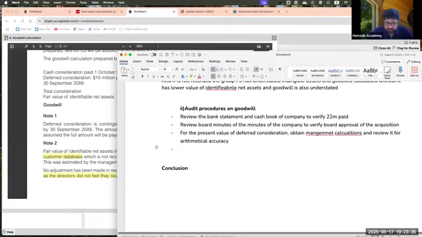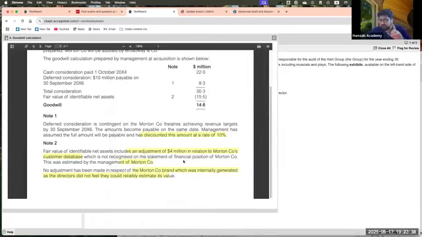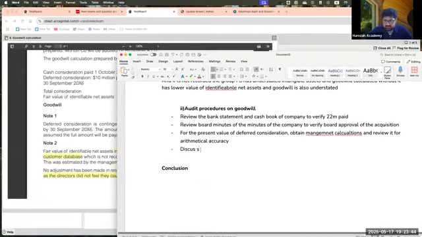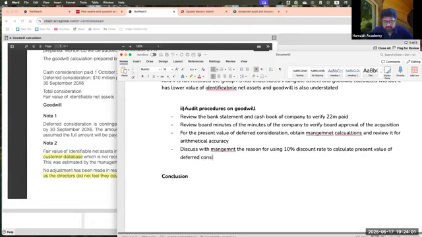Now 10% discount rate they used. Discuss with management the reason for using a 10% discount rate to calculate present value of deferred consideration and assess the validity of their response. Are you able to understand it?